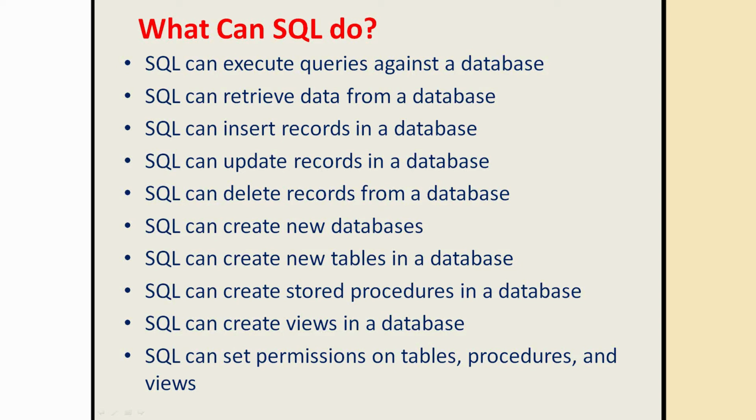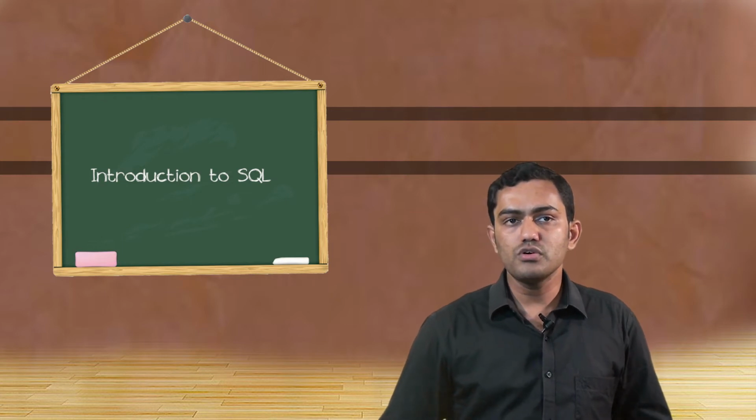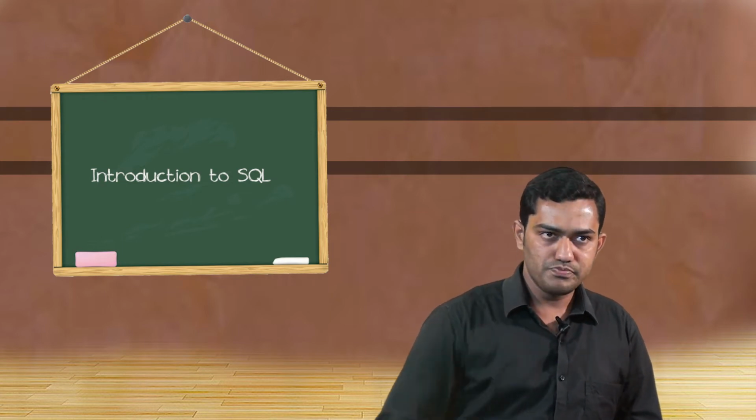In one organization there may be a number of employees. If you want to restrict some features or some actions for some users, then at that time we have to grant some permissions to them. In a similar way we can revoke that permission from that particular user. All these tasks we can do with the help of SQL.